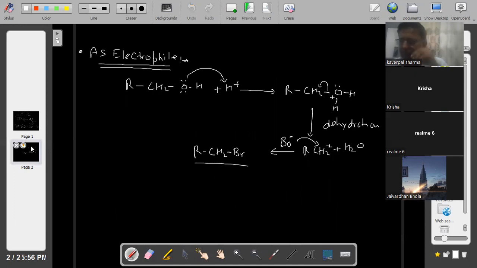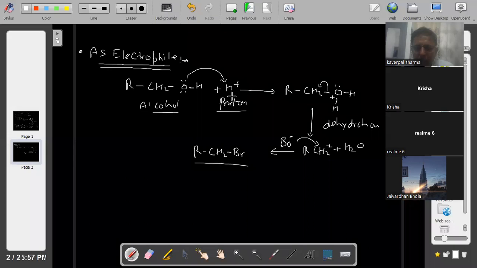Now, in the next reaction, you get this direct example as an electrophile. This is a proton. This proton it got from an acid, and that is the alcohol. It acts here as an electrophile, and it gains the electron from the proton.